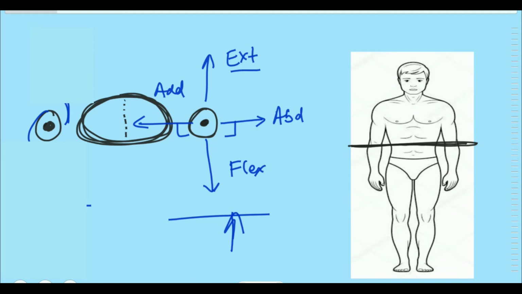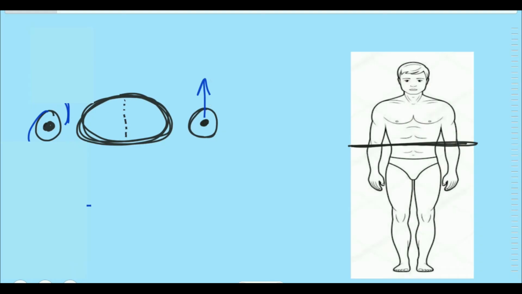Now I will demonstrate what must be the suitable location of the muscle to produce extension, flexion, abduction and adduction. Moving back is the extension. So for this movement, a muscle must cross the joint from the back side. Here must be the muscle. Moving towards the front is the flexion. For this movement, a muscle must cross the joint from the front side.